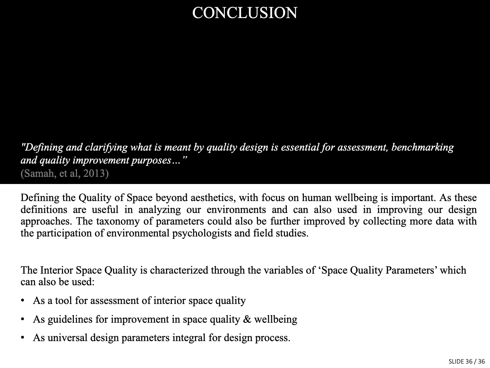Because of these space quality parameters, we can assess interior space quality, we can improve space quality while designing spaces and considering the well-being of the inhabitants, and as universal design parameters, we can compile a set of guidelines for assuring the well-being of inhabitants in a space, both biologically, mentally, and socially.